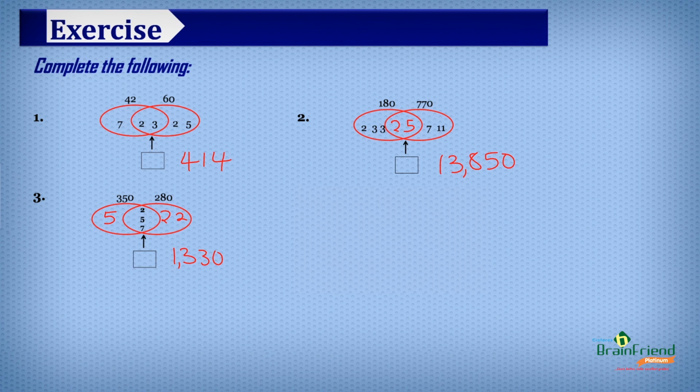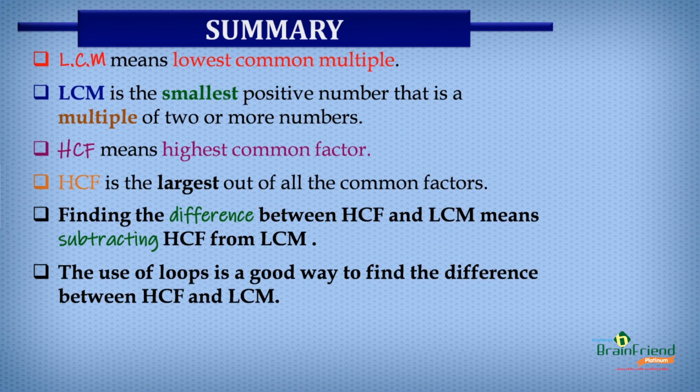Having gotten to this point in this lesson, let's take a quick summary on all we've learned so far. First, we learned that the acronym LCM means lowest common multiple. Secondly, we learned that LCM is the smallest positive number that is a multiple of 2 or more numbers.